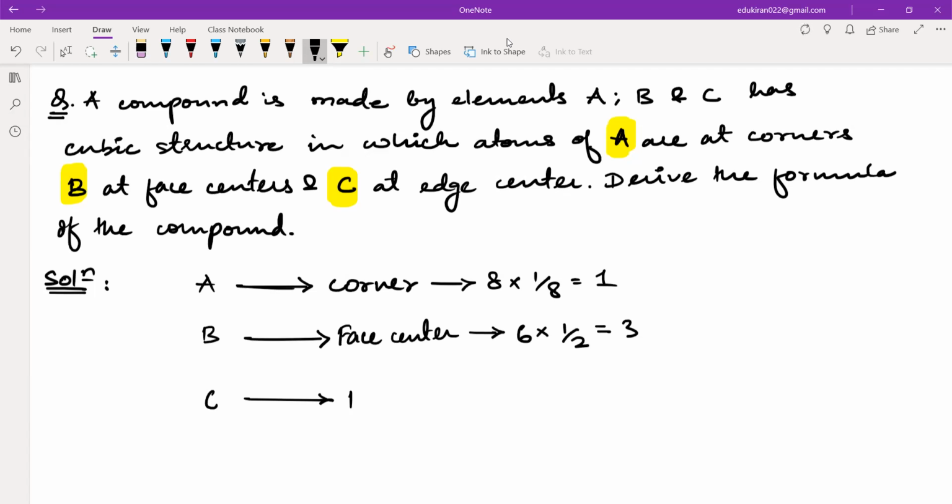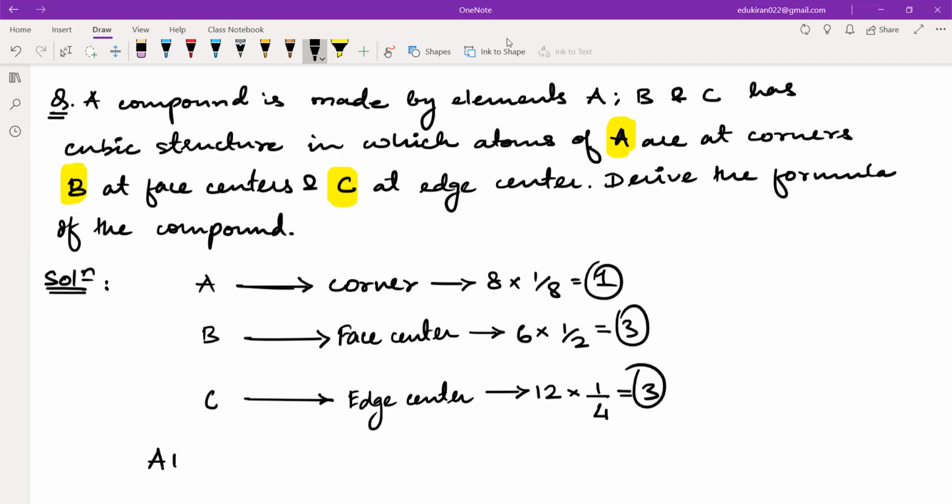And then we have C, that is in the edge center. In this, we have 12 edges, and each of these has a contribution of 1 by 4, which will be giving me 3. So we have 1, then 3, and 3 again. So the formula will be AB3C3. Is this clear? Yes or no? Tell me.